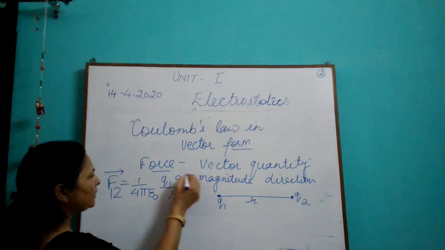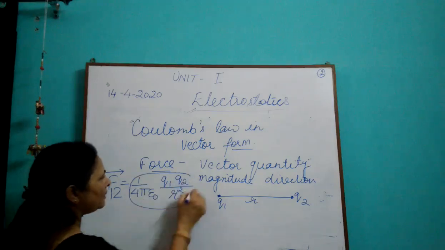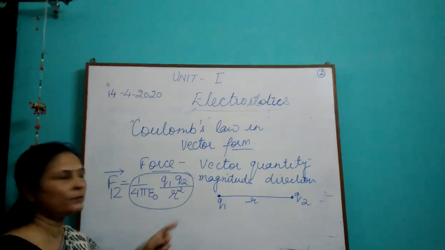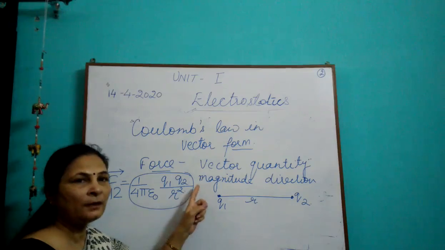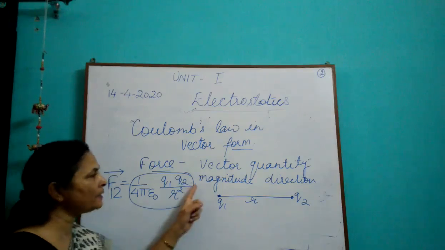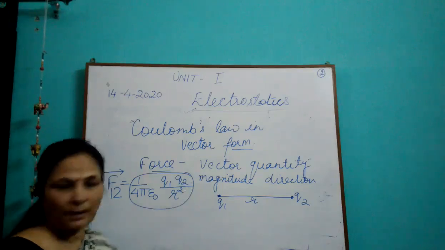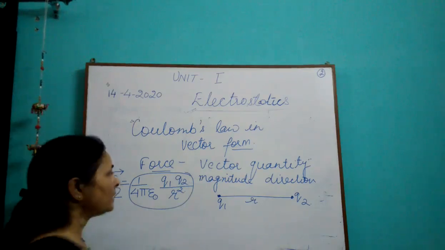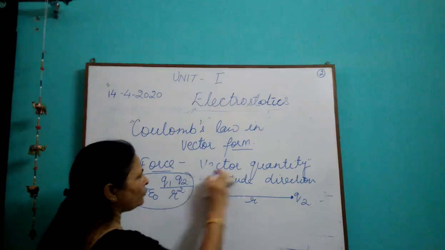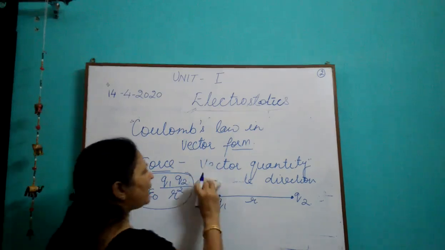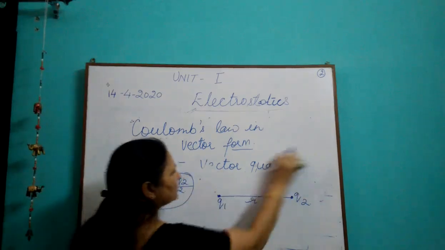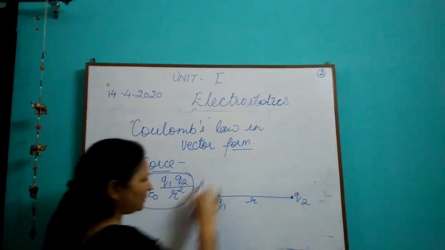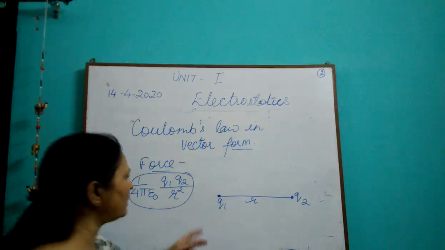Now this is giving me only the magnitude. On the right hand side also the direction must be mentioned. How is the direction mentioned on the right hand side? We also have to take care that the magnitude should not change.